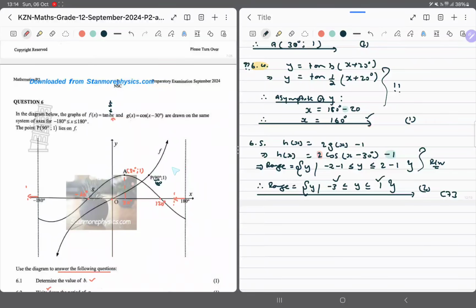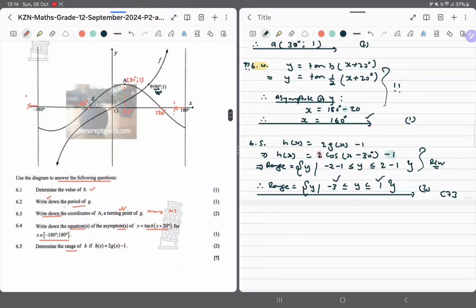In fact, I will provide you this paper as a whole together with this memo down below. Then you can have a look at it. And if you scroll further down, usually with Stanmore Physics lately, they attach the memo down there. So you can have a look for it and prove if indeed what we are doing is making sense.